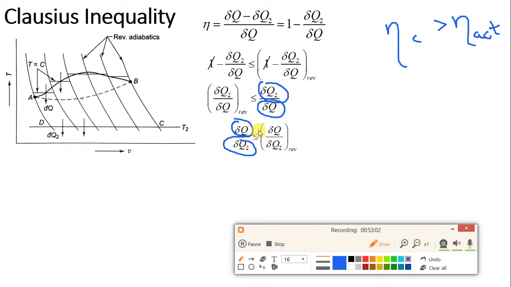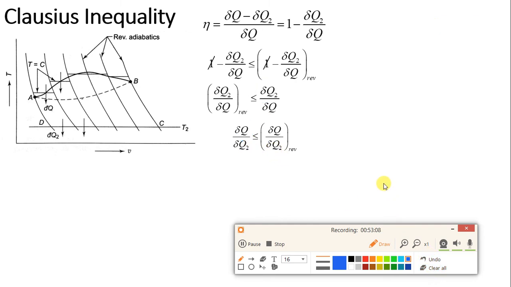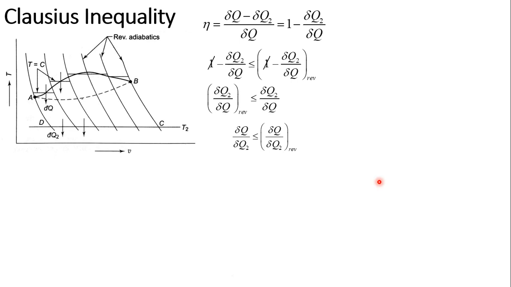In between, the sign will remain the same, less than or equal to. So let me explain the equation. Delta Q by delta Q2 is less than or equal to, in bracket, delta Q by delta Q2 for reversible. Reversible means it is following which cycle? Carnot cycle, the small Carnot cycle.